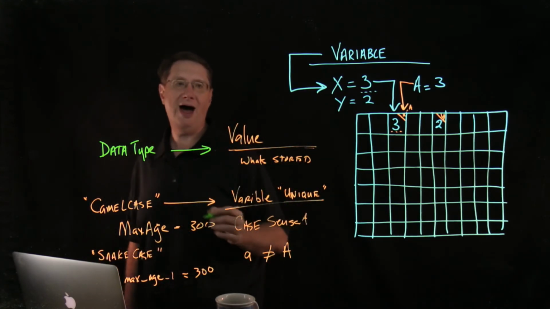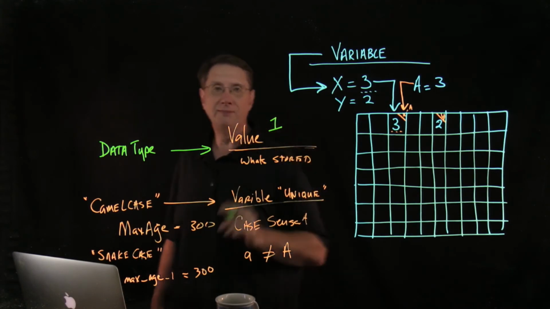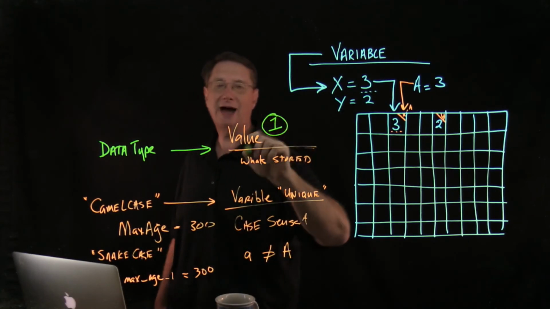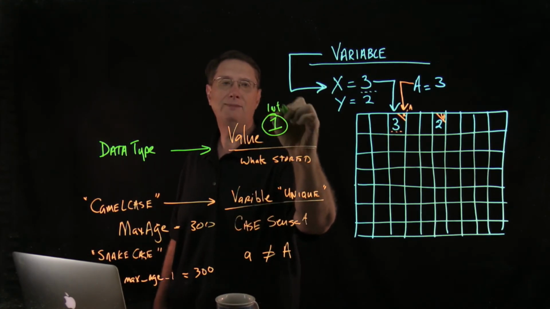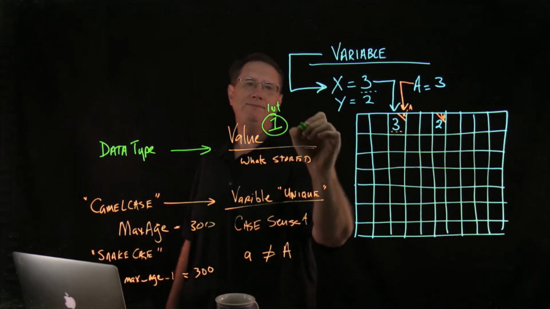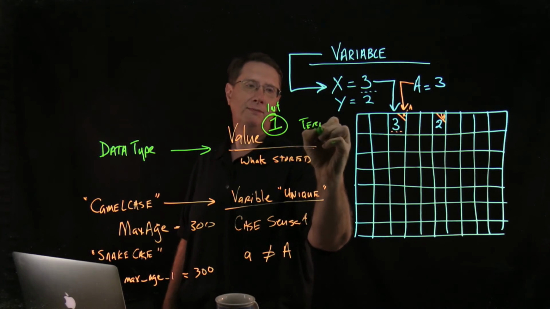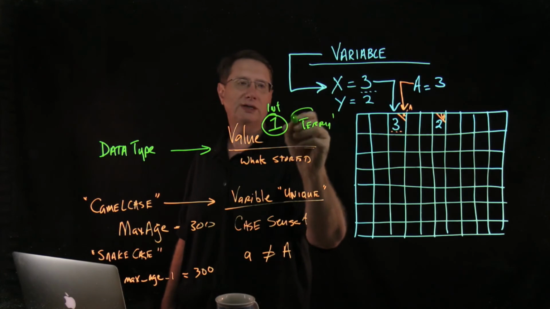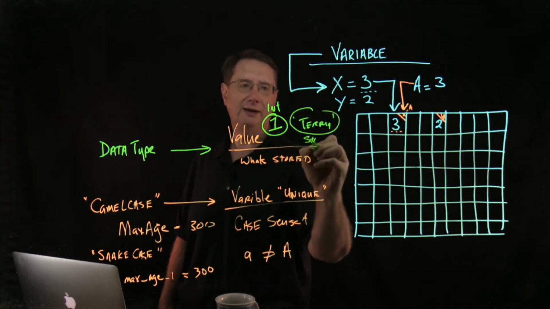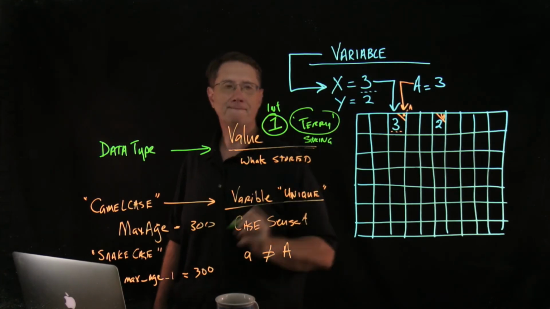So when I enter a value, if I enter 1, the system is going to dynamically type that as an integer. So that will be an int number. If I type in Terry, my name, as a value, the system is going to look at that and say, oh, that is a string. It's an alphanumeric string.